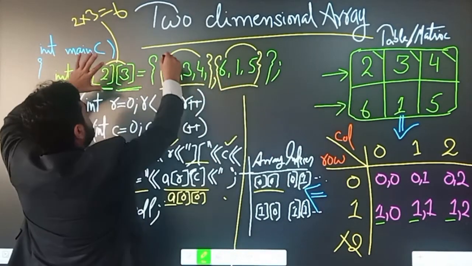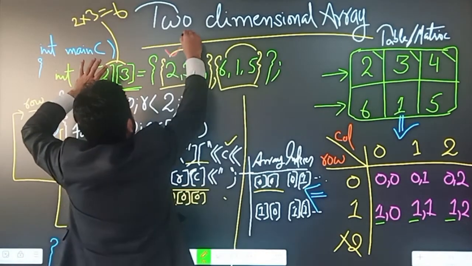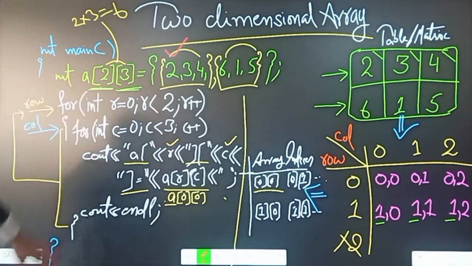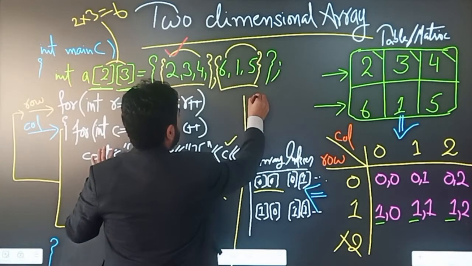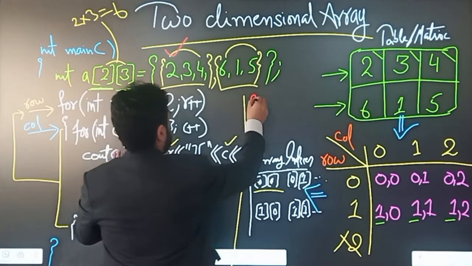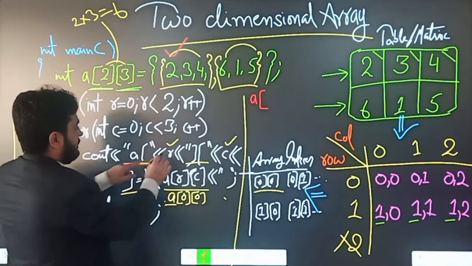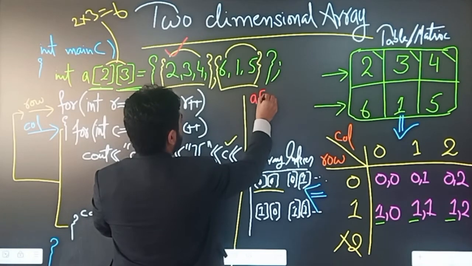So we will see 2 on the screen. 2 on the screen. How can we see it? The printing will look like a of this statement, then the value of r. So in the first iteration the value of r will be equal to 0.